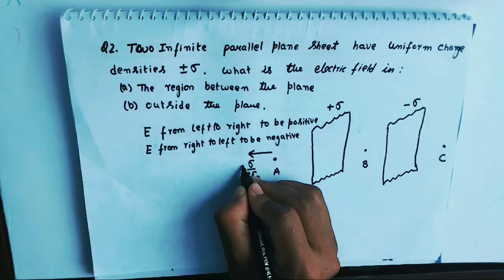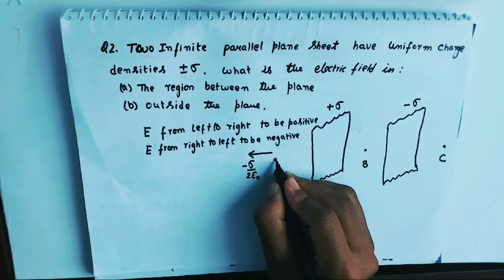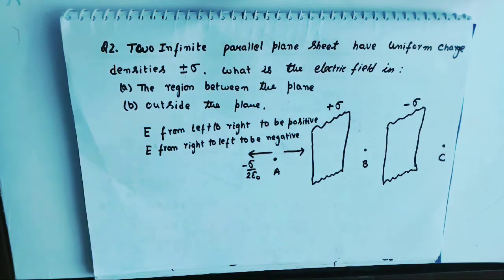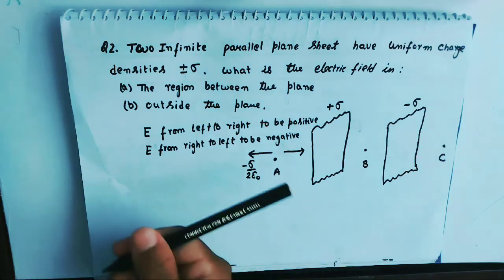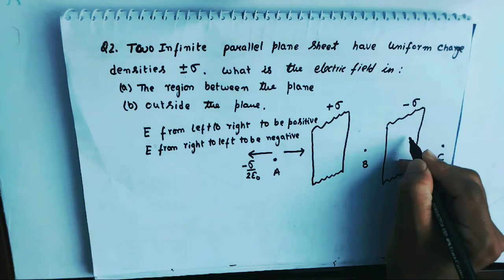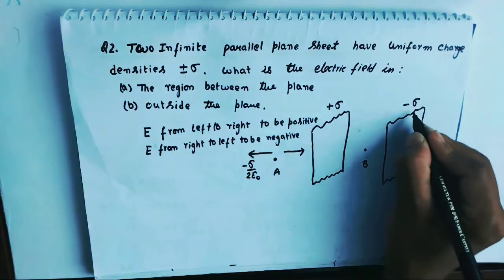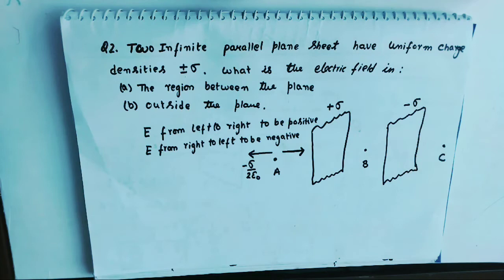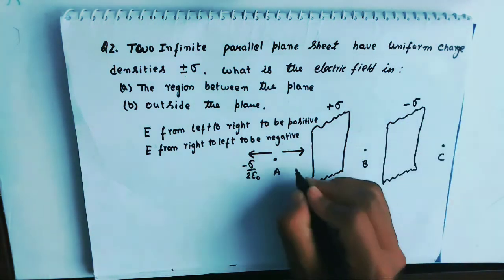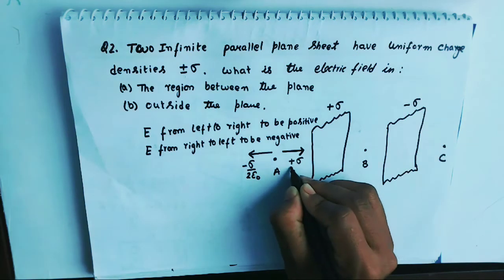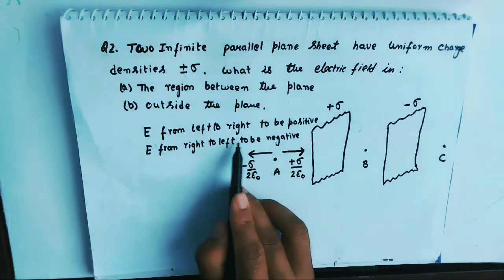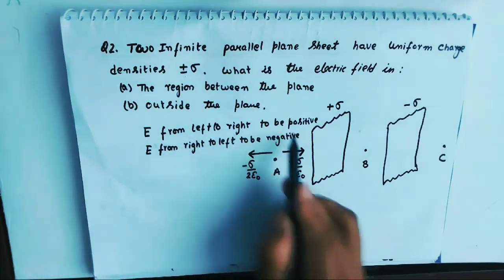So let me put it as minus. Now, the electric field at A due to this minus sigma is in this direction. We have learned earlier that the electric field for a negative charge is towards it. So the electric field due to this minus sigma is in this direction, toward that sheet, and it is plus sigma divided by 2 epsilon naught. As we have assigned, the electric field from right to left is negative, and from left to right it is positive.